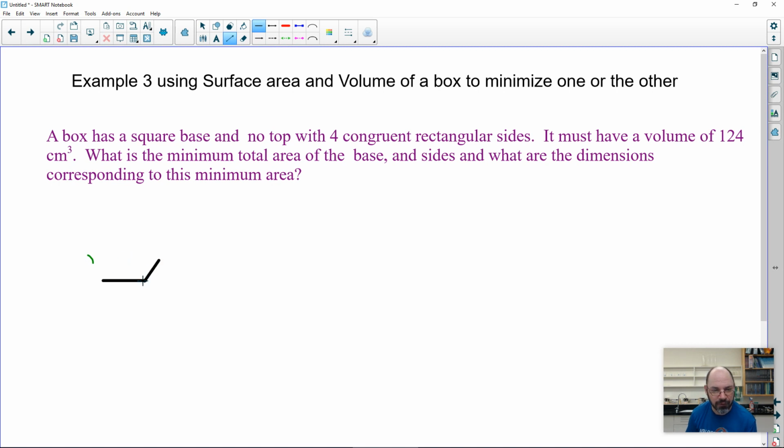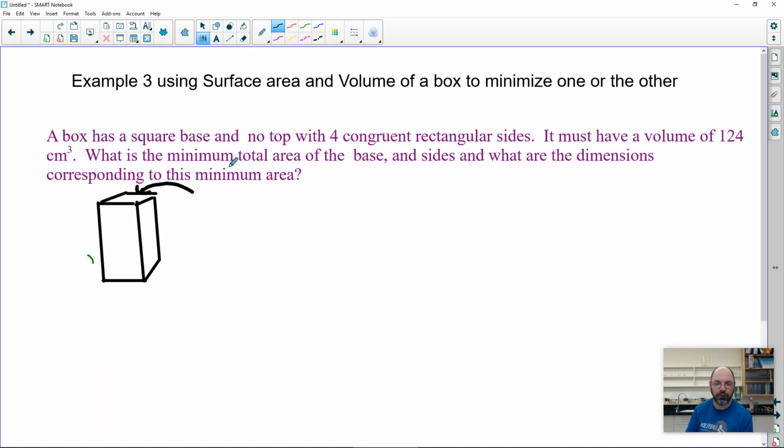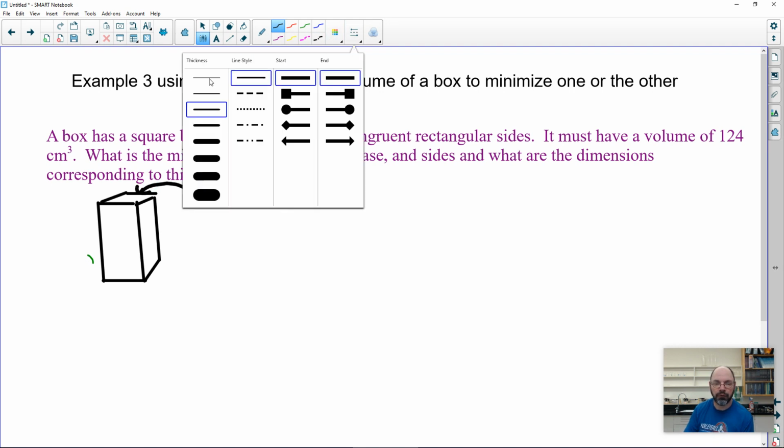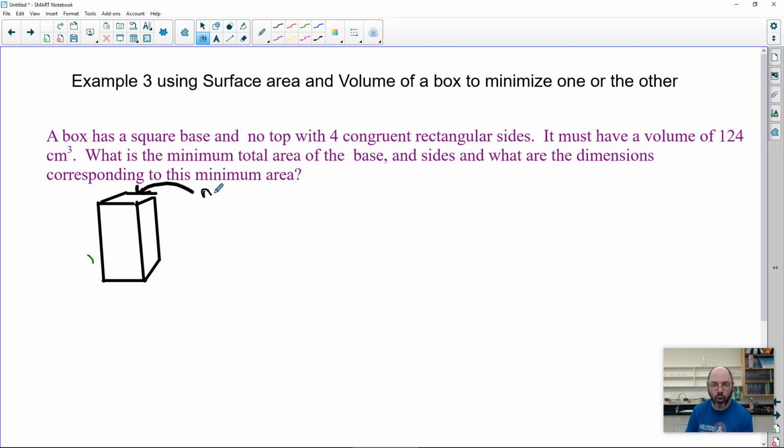Okay, so there's our thing, and we'll label it up a bit. So there is no top.